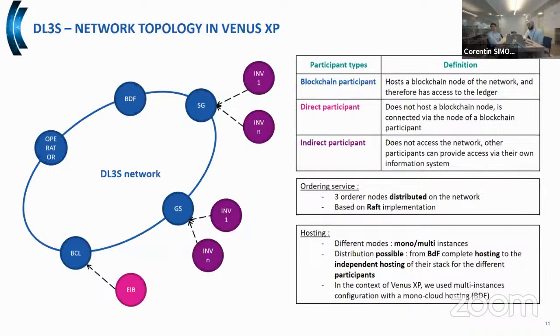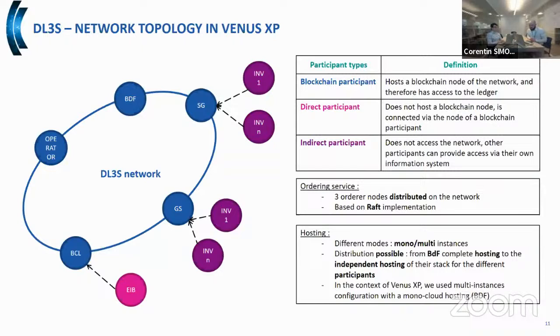And for the hosting part, for DL3S at least, we have different modes. We can host all those networks in one instance, generally for testing purposes, but we can distribute all those participants in several instances to achieve the main goal of decentralization, I would say.